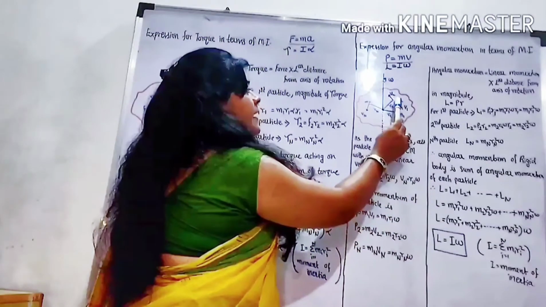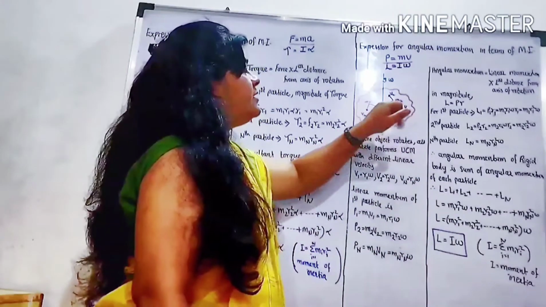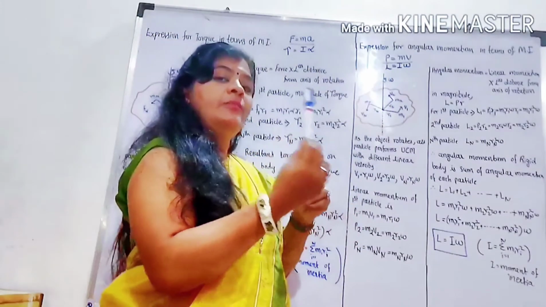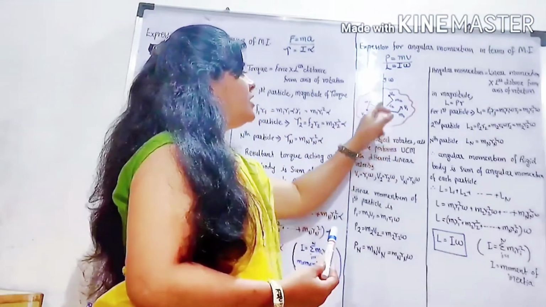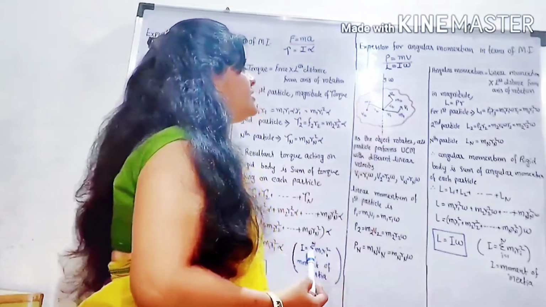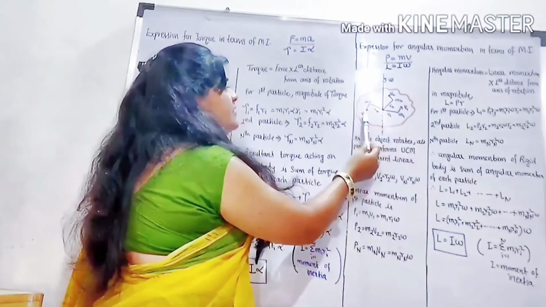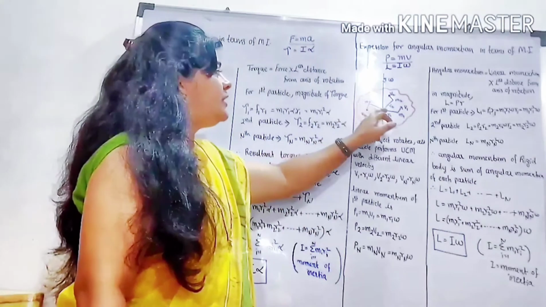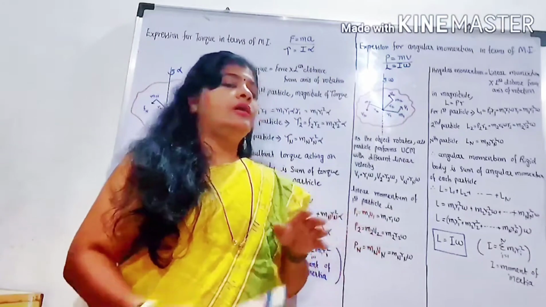The second particle is situated at position r2 and has mass m2. When it performs uniform circular motion about the axis of rotation, it has linear velocity v2. For the nth particle, linear velocity is vn, mass is mn, situated at a distance rn. In this way we draw the complete diagram.